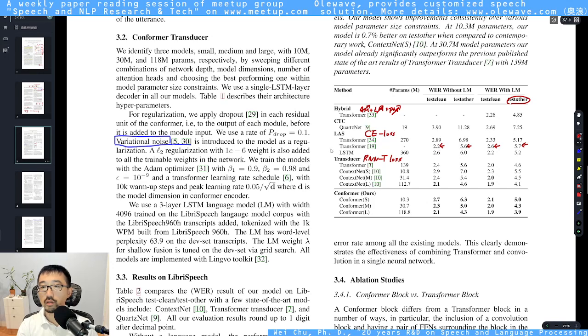So LAS is not streaming. Not streaming, but the transducer model, although the encoder is not streaming-wise, they claim they're streaming.